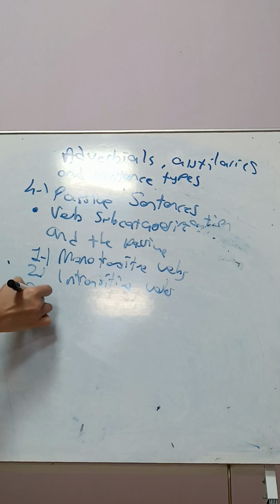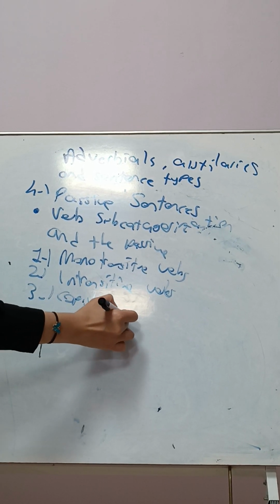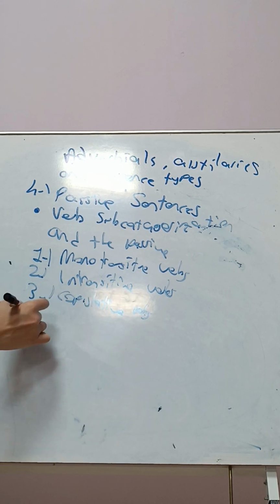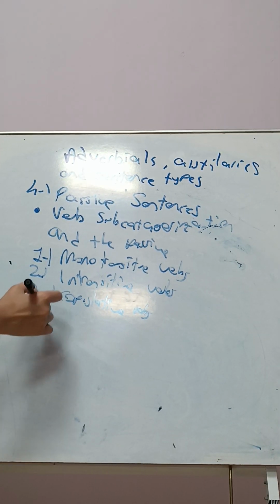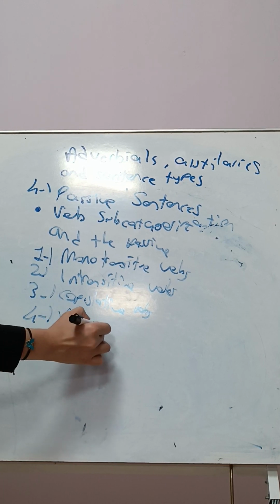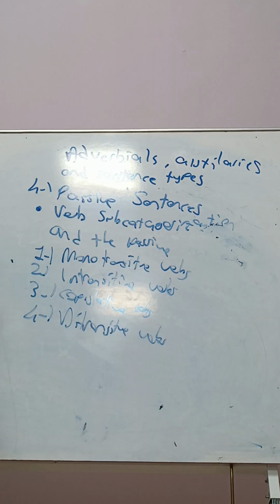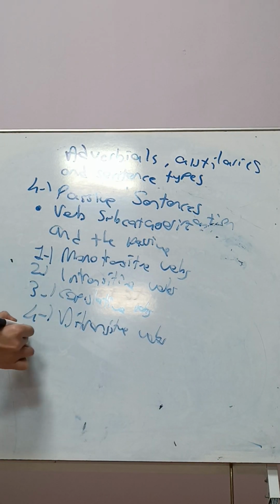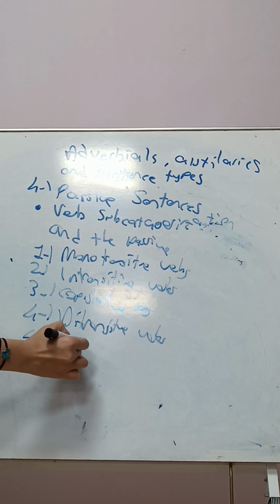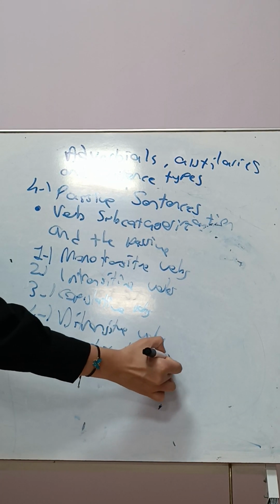Third one is copulative verbs. The fourth one is intransitive verbs. Fifth one is complex transitive verbs.